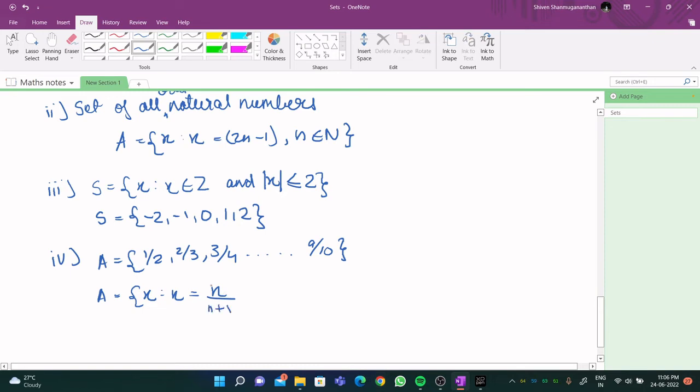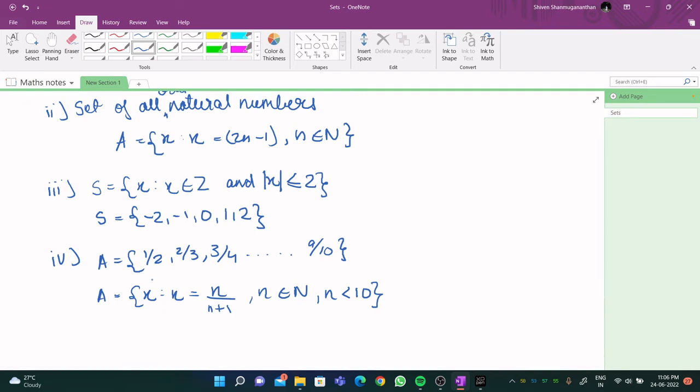Now since we are mentioning n in this set, we have to define what n is as well. So where n is a natural number and n is less than 10. Alright, so we got that here. The last element has 9 as n, so n is less than 10. So we have this set in set builder form. Great.